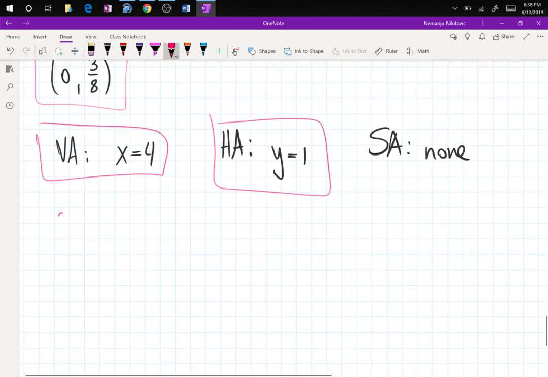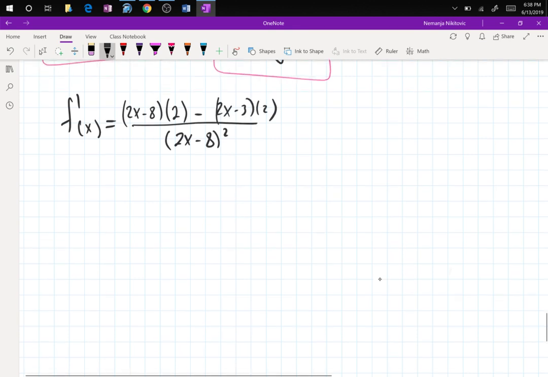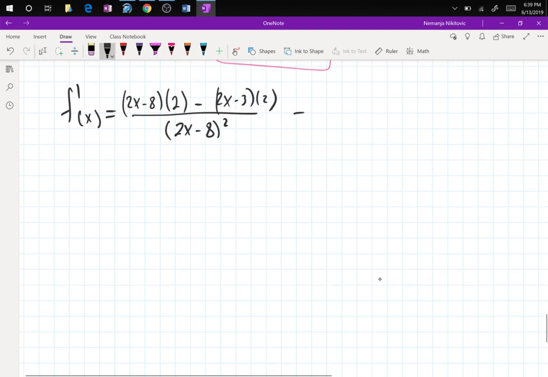It is time for us to enjoy the first derivative. Well, that's a quotient rule. 2x minus 8 squared, 2x minus 8, and then 2, and then minus 2x minus 3, and then a 2. Now we need to simplify this mess because we will be using it.